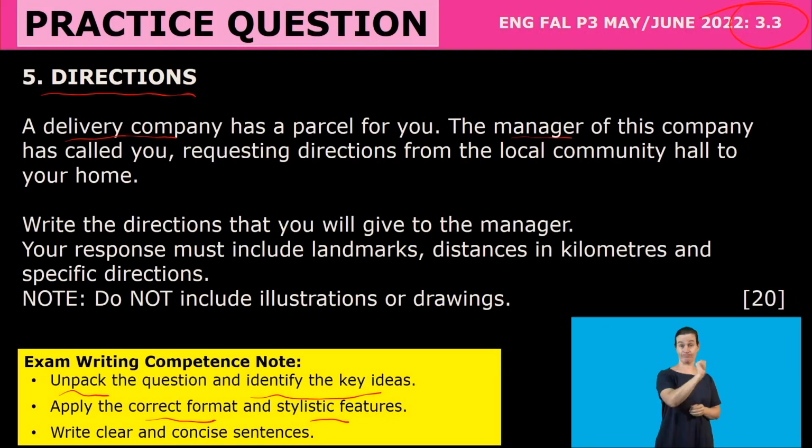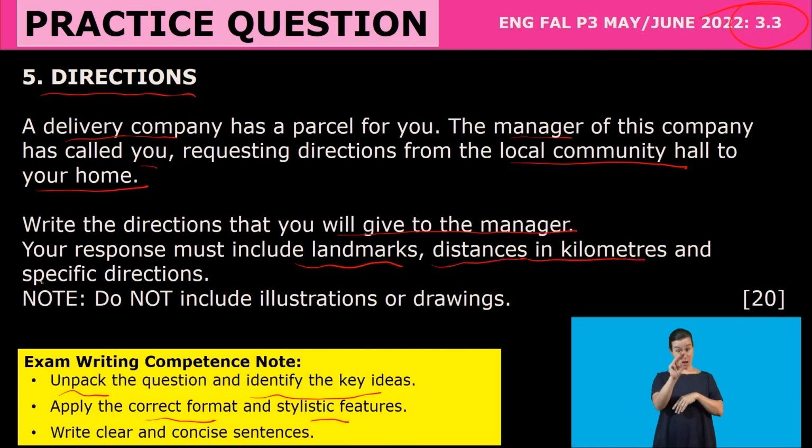The manager of this company has called you requesting directions from the local community hall to your home. Write the directions that you will give to the manager. Your response must include landmarks, distances in kilometers, and specific directions. As always, there is a note that says do not include illustrations or drawings.